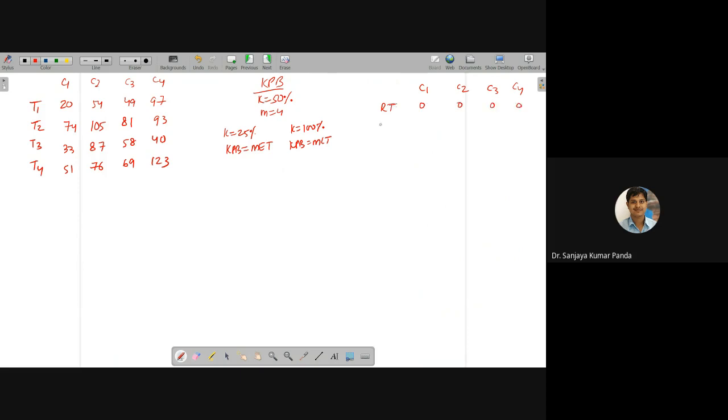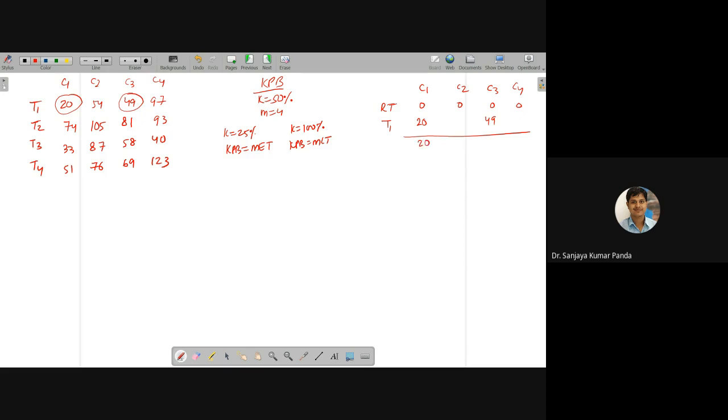So I'll take 20 for C1 and 49 for C3. I am not going to map to all 4 clouds, because 50% means you will go for only 2 clouds. So I found the minimum is 20.